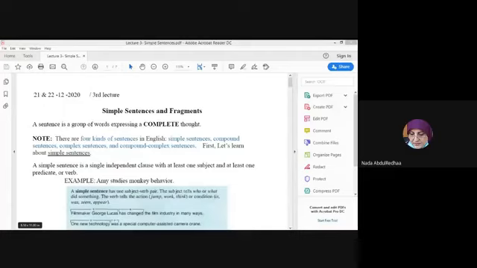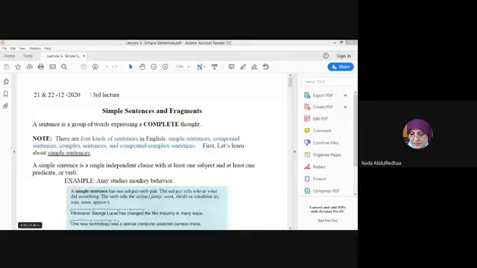Now, we concentrate on the word verb. So if there is no verb in the sentence, it cannot be a sentence. If you write a sentence without a main verb, a definite verb, we are talking about definite and non-definite verbs. These are types of verbs we will talk about later. So in the sentence there should be one subject and one predicate, and in the predicate there should be a verb.